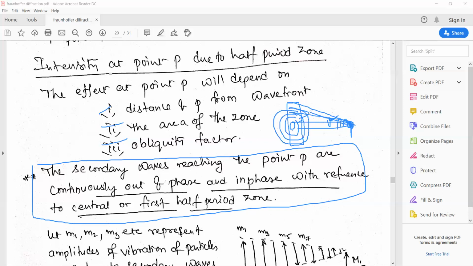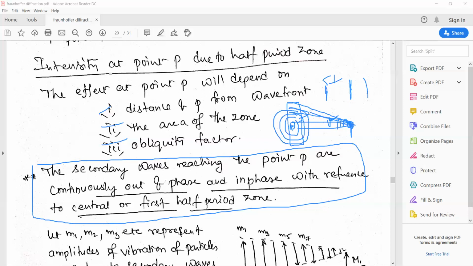Okay, let's take the center. Center means the first zone is the reference. Whatever waves are coming from the first zone and the second zone, they will be out of phase. Similarly, if you consider the third zone regarding the first zone, the third zone and first zone will be in phase. Alternate zones will be out of phase, alternate zones will be in phase.